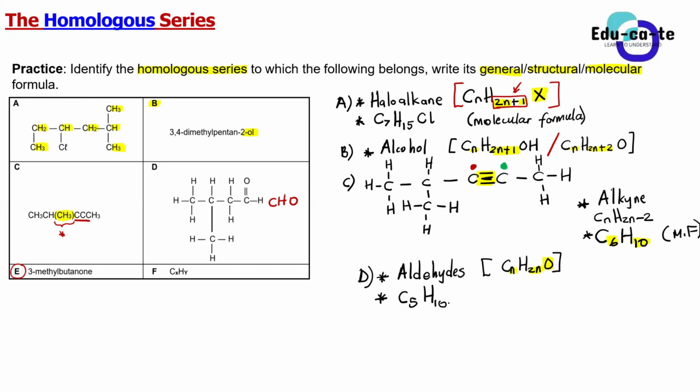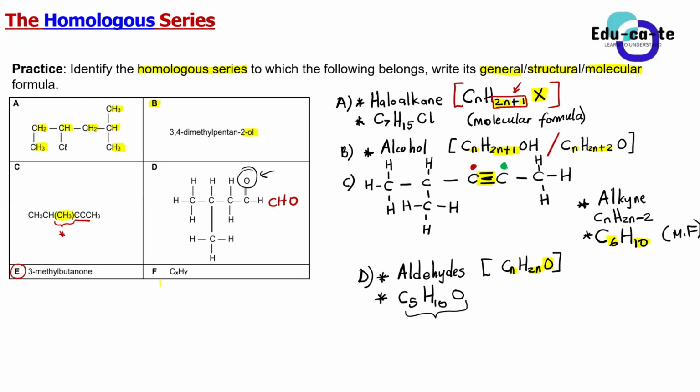Is our molecular formula complete? No. What is missing? The oxygen, because this is not only carbon and hydrogen, it also has an oxygen atom, this O here. Do you see that this corresponds to our general formula?